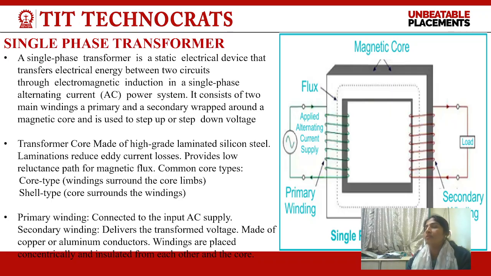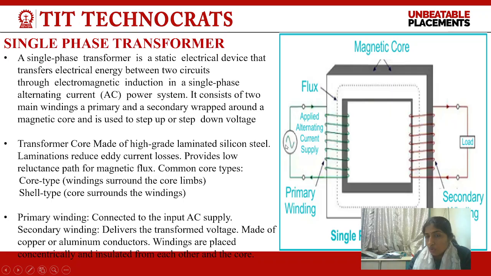And in that assembly, the conducting wires are wound on both sides. At one side, you can see a supply, that is, the input voltage is provided. The side at which the input signal is given is known as the primary winding or primary coil, and the coil from which you are going to take the output is known as the secondary winding or secondary coil.